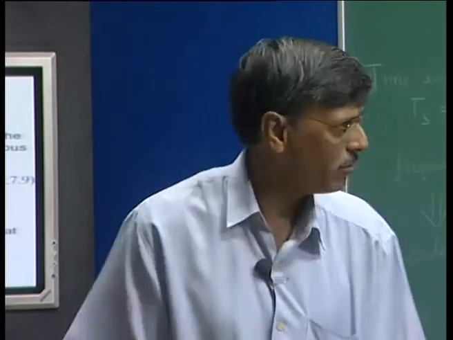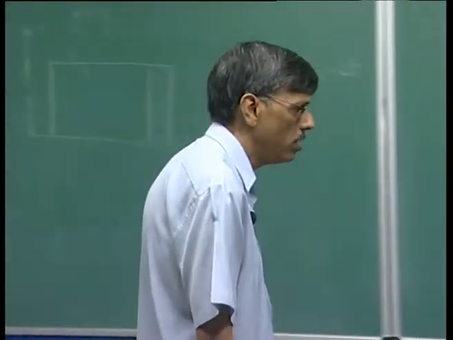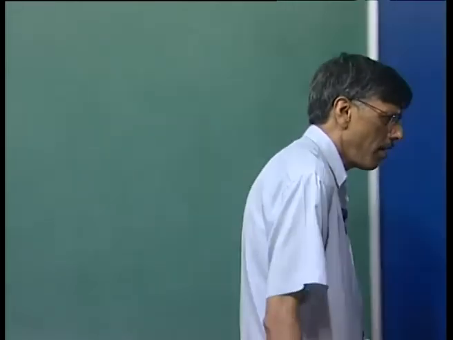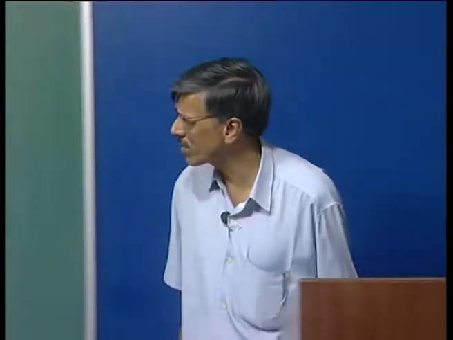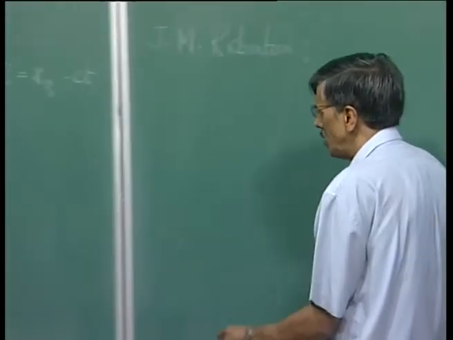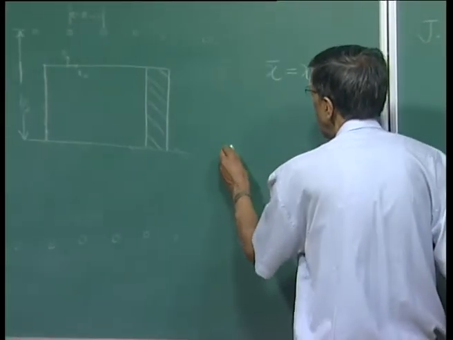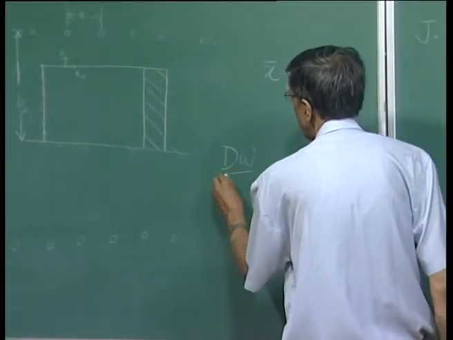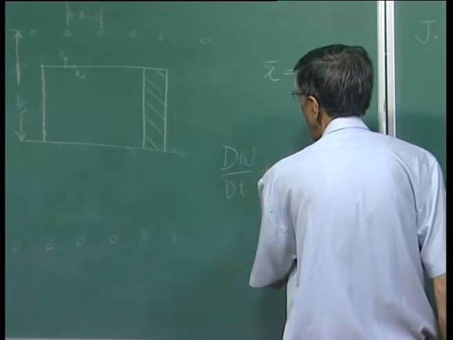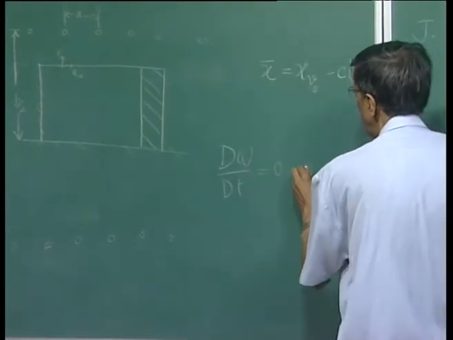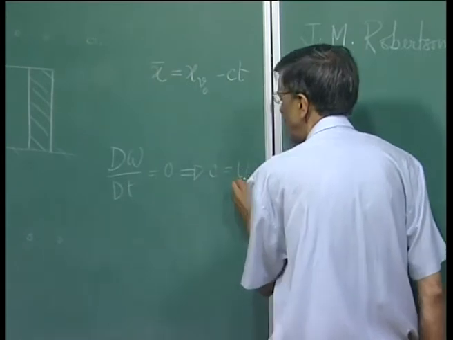So my governing equation is not necessarily this. For an inviscid vortex, we had the governing equation as this, and that gave rise to C equal to u infinity.